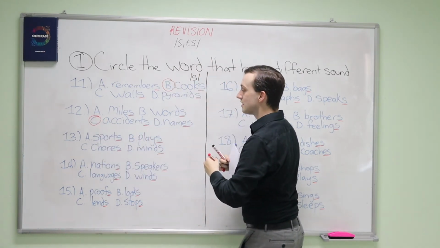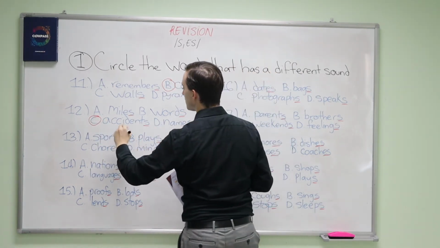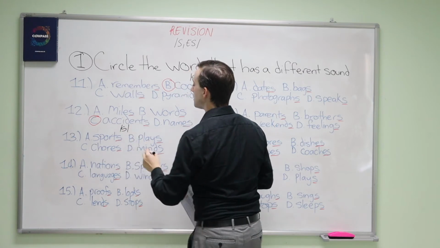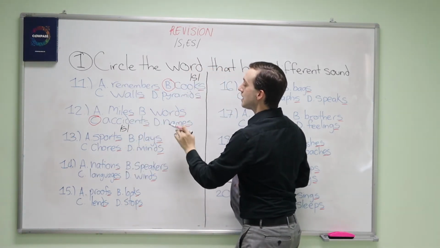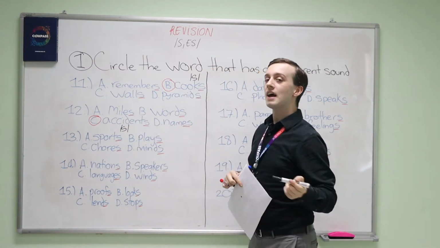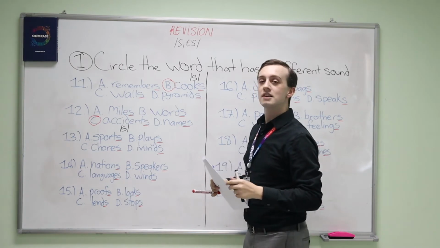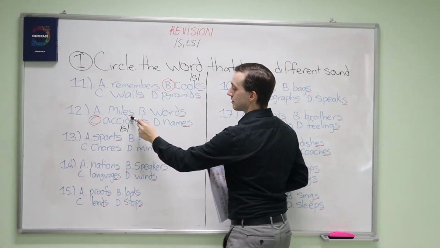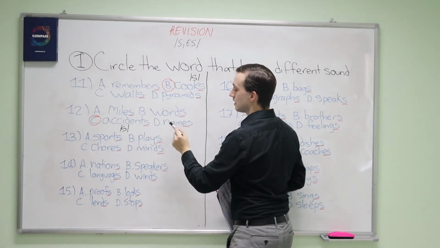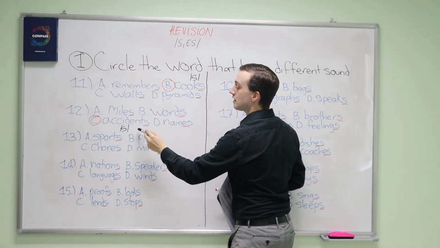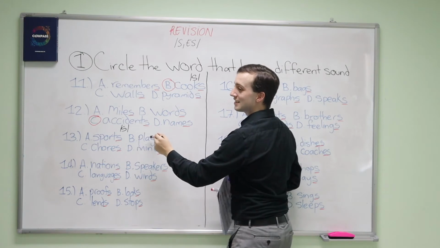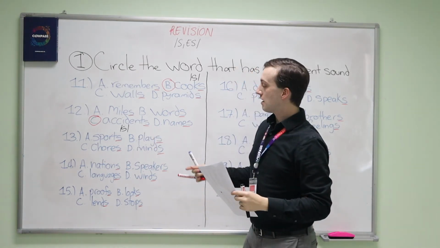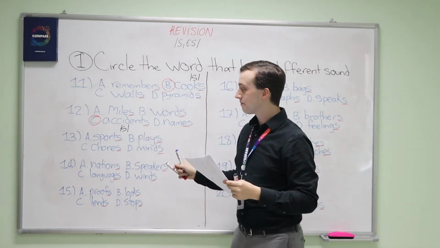Okay, in accidents, S makes the sound S, but A, B, and D, S and ES make the sound Z. So, like this. Miles, words, names. Here, it's accidents.